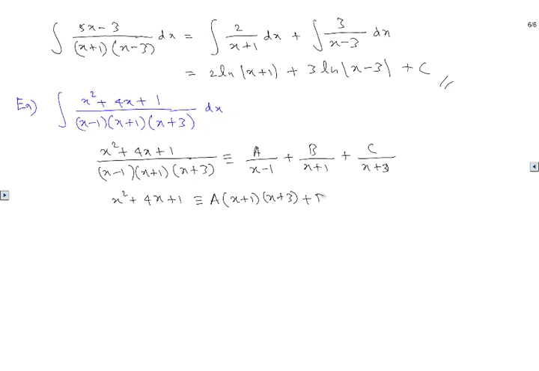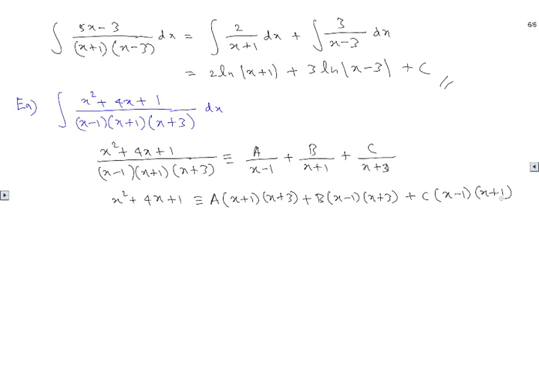And then for b, the x plus 1 gets cancelled, you get the other 2. And then for c, x plus 3 gets cancelled, you get (x minus 1)(x plus 1). Okay, so this is very clear. You always cancel the denominator term and you get the other terms.